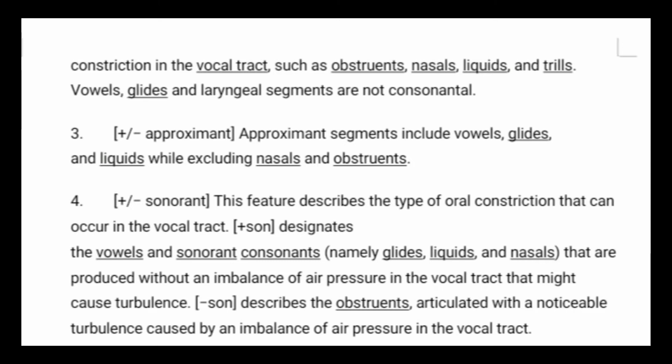Positive sonorants, the vowels and sonorant consonants, namely glides, liquids, and nasals, are produced without an imbalance of air pressure in the vocal tract that might cause turbulence. Negative sonorant describes the obstruents, articulated with a noticeable turbulence caused by an imbalance of air pressure in the vocal tract.